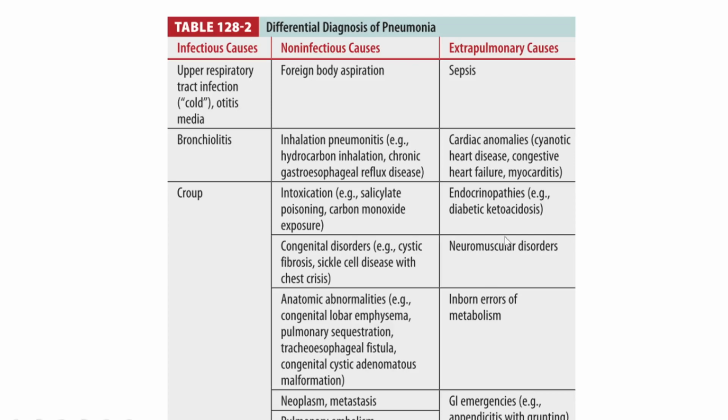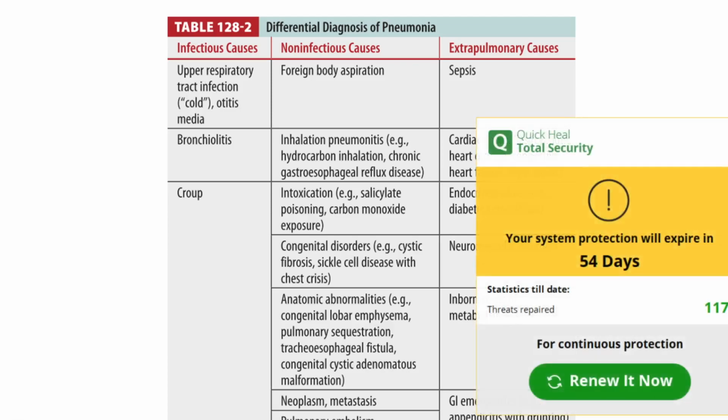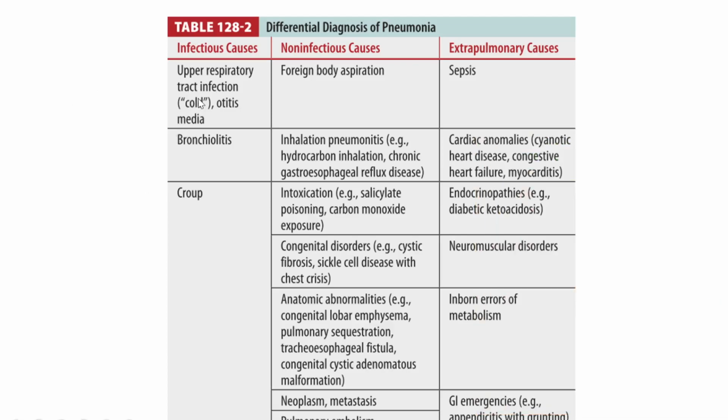The differential diagnosis of pneumonia in infectious causes obviously includes upper respiratory tract infection, otitis media, bronchiolitis, or croup. Then non-infectious causes: foreign body aspiration, inhalational pneumonitis such as hydrocarbon inhalation or chronic gastroesophageal reflux disease, intoxication, and congenital disorders, anatomic abnormalities such as congenital lobar emphysema, pulmonary sequestration, and TEF, then neoplasms and pulmonary embolism.